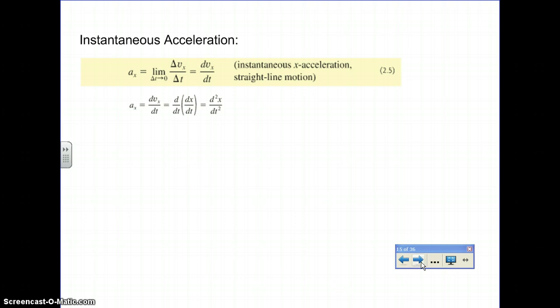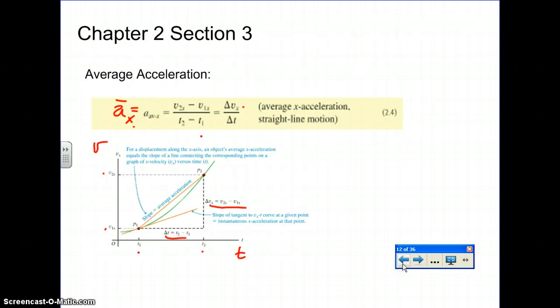Let's talk a little bit about instantaneous acceleration. Remember, an average is the slope between 2 points. But it's pretty obvious that back here, although the slope between these 2 points is the average acceleration, there are other points along the way where the acceleration is the slope of the curve, tangent to the curve at different points.